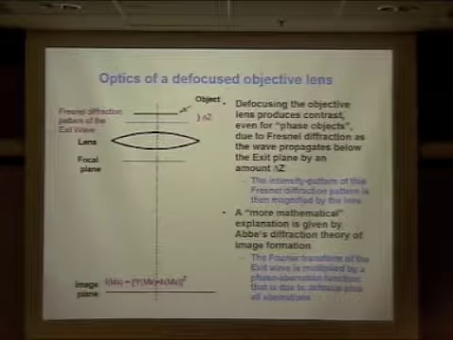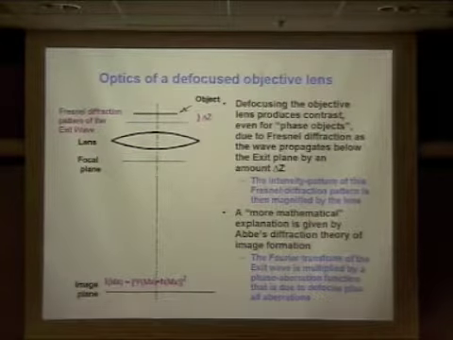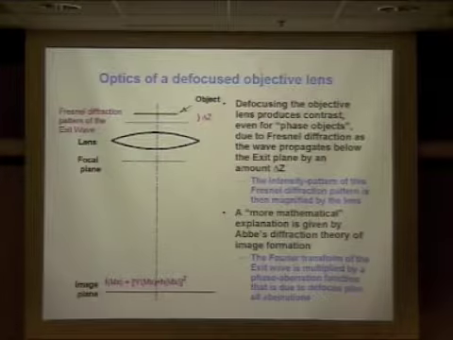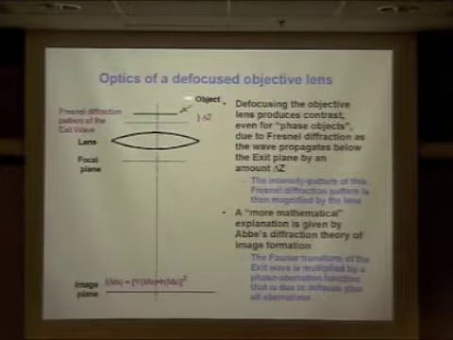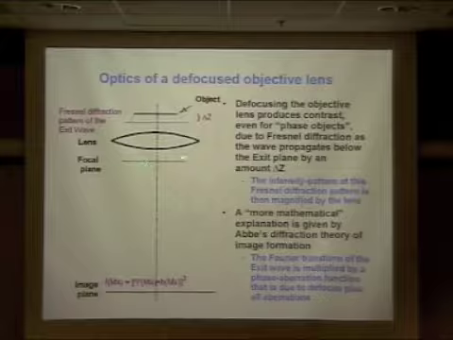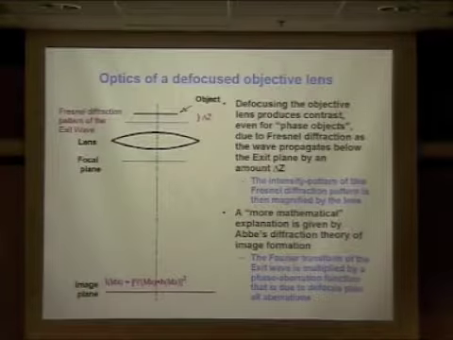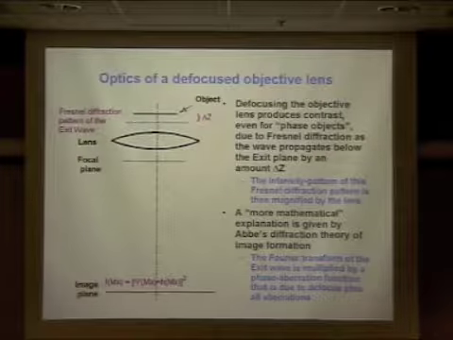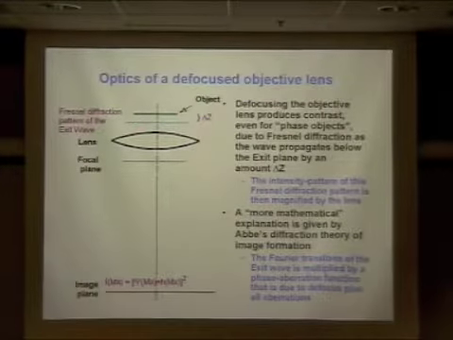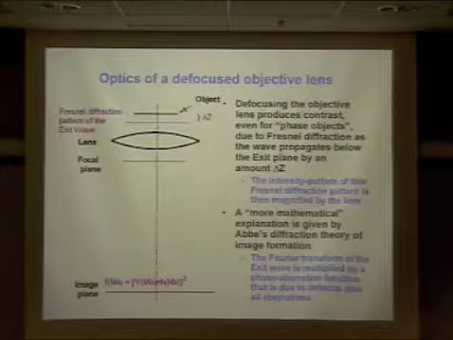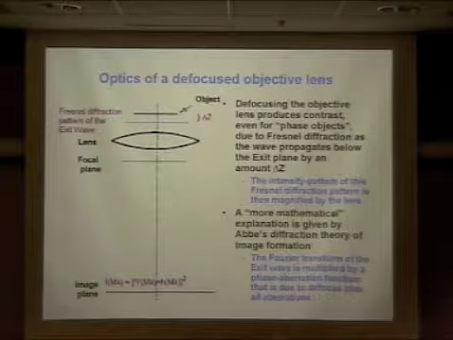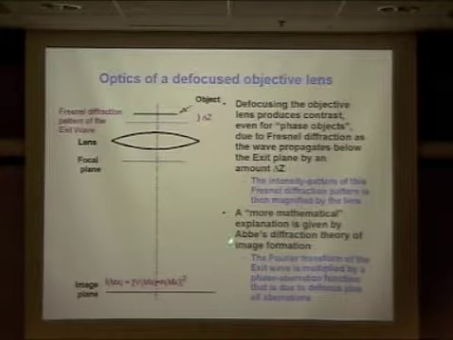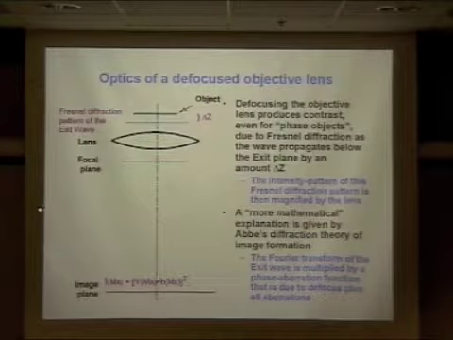The more mathematical way is obviously diffraction theory, in a more formal way, which says you take the exit wave, do its Fourier transform, multiply it by a wave aberration function that contains spherical aberration and defocus. That's more correct because the simple way I described it did not account for spherical aberration. I don't know an easy way to explain spherical aberration, so I have to fall back on the formal theory of image formation.